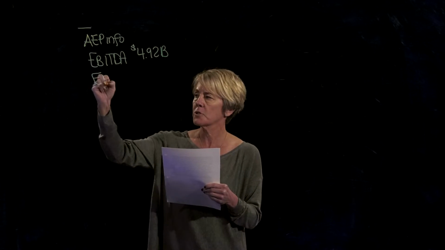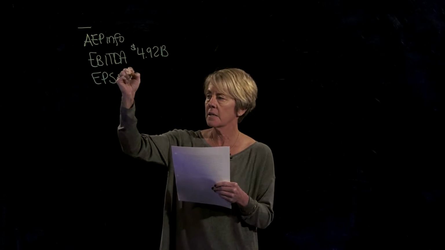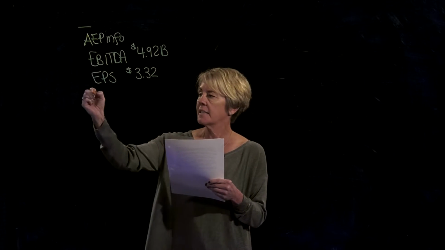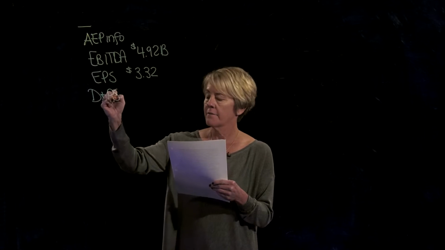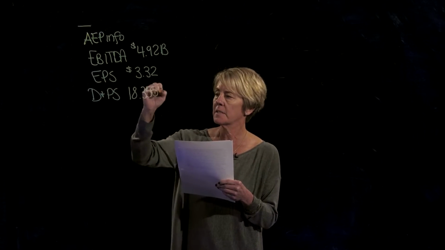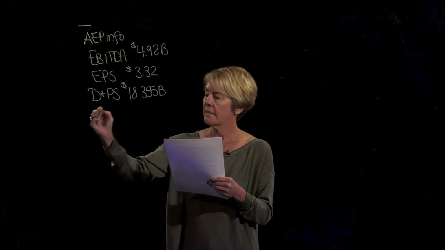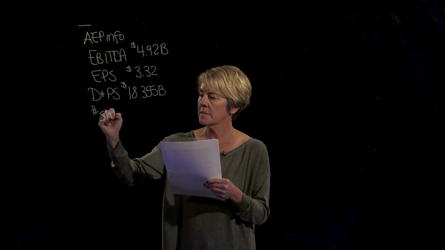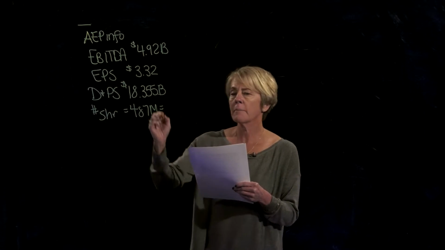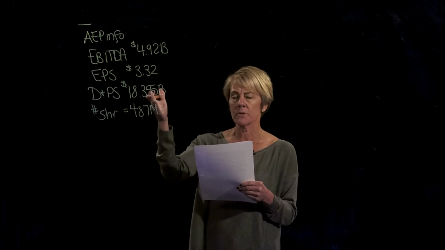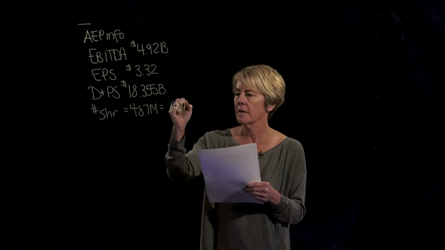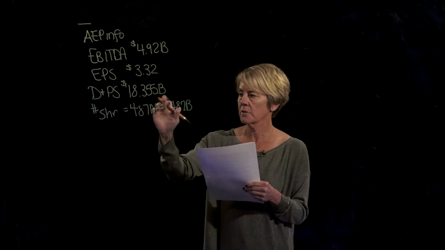We know that earnings per share, EPS, is $3.32 for AEP, that debt and preferred stock for AEP is $18.355 billion, and that the number of shares outstanding is 487 million. But I'm going to switch that to billions because all these other numbers are in billions. So that's 0.487 billion shares.